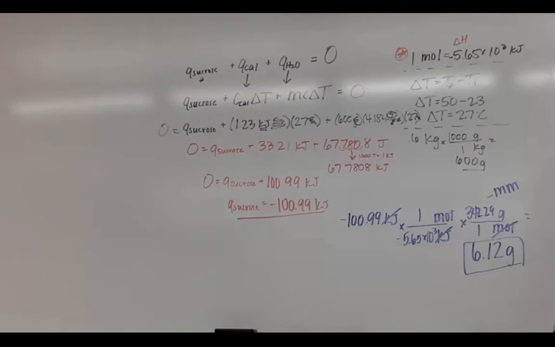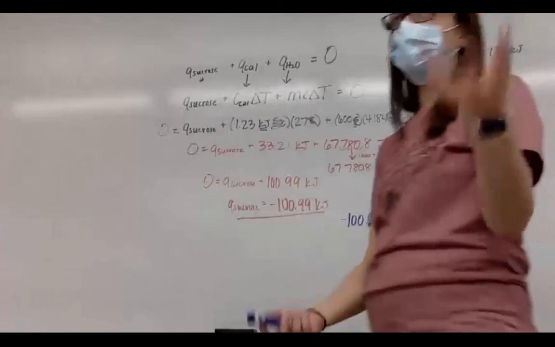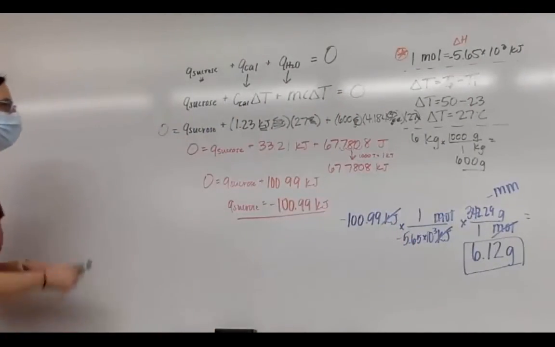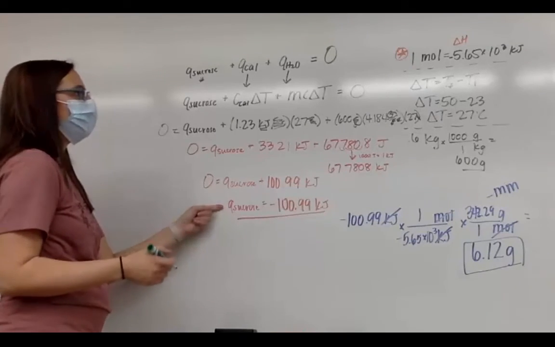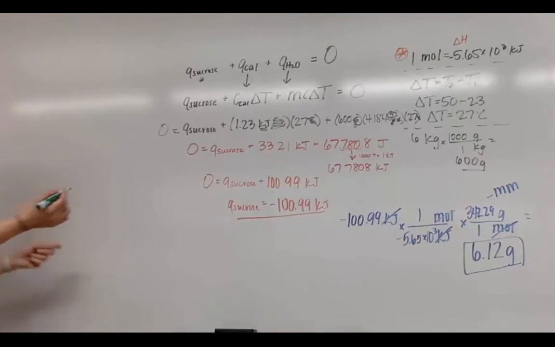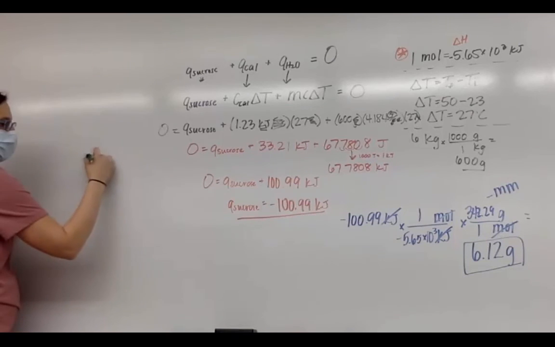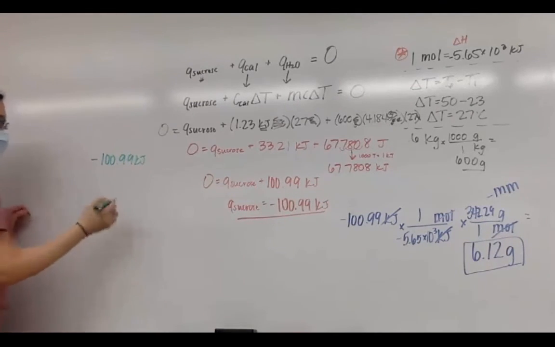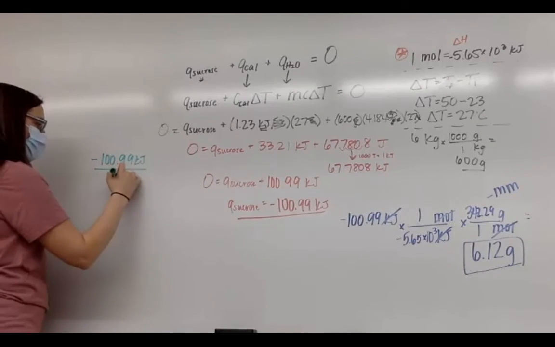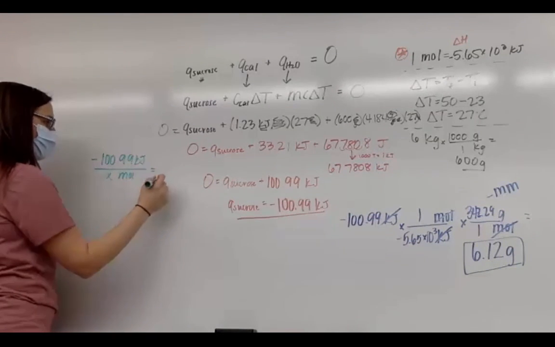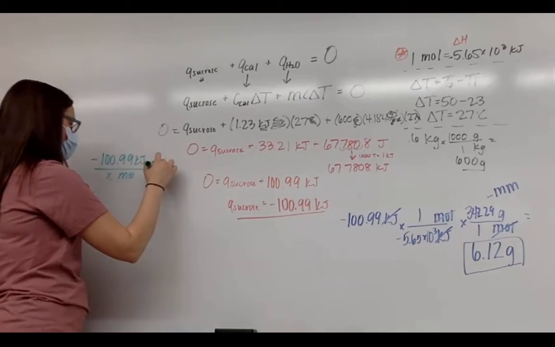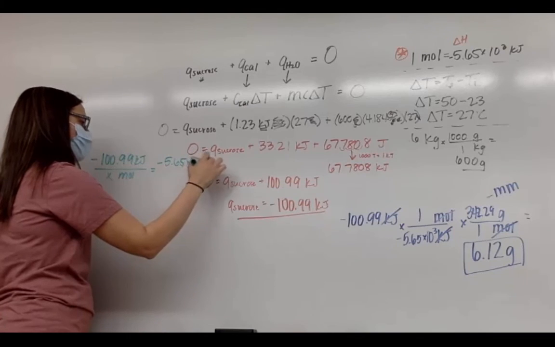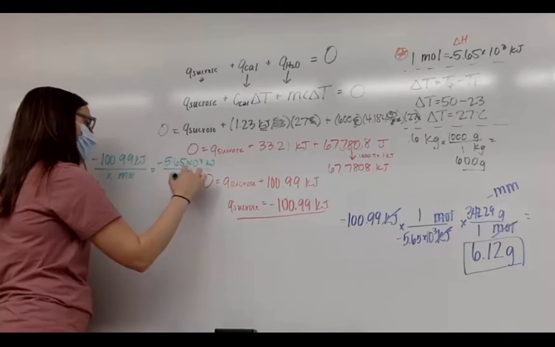Now, another way that you could have solved this is you could have set this up like a proportion. So another way is we could have used Q and delta H and set it up like a proportion. So we could have said we have negative 110.99 kilojoules for X number of moles, and then use delta H. Negative 5.65 times 10 to the third kilojoules for 1 mole.